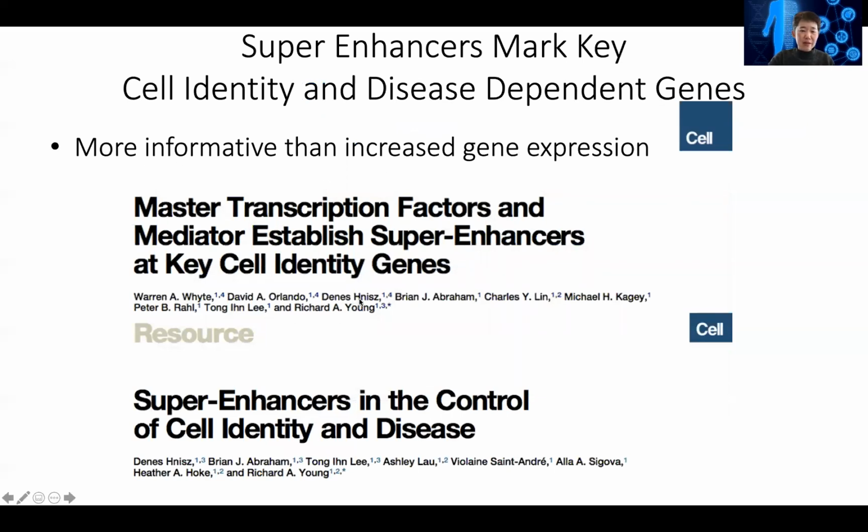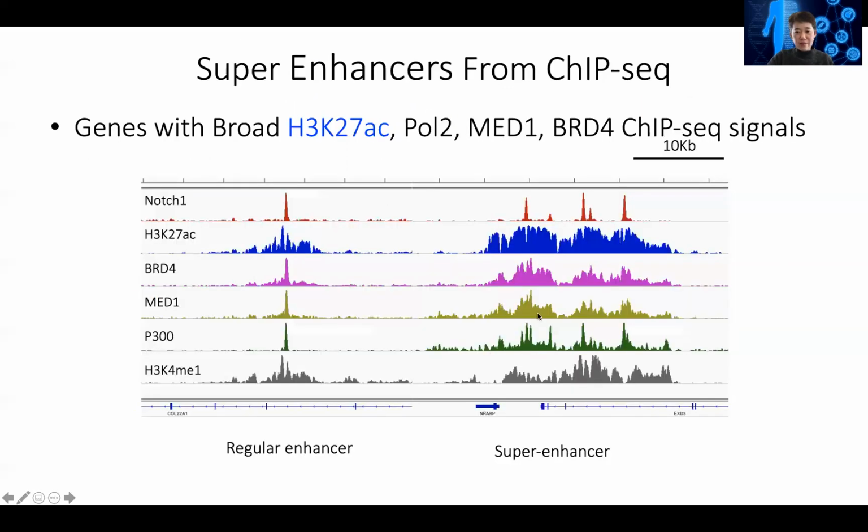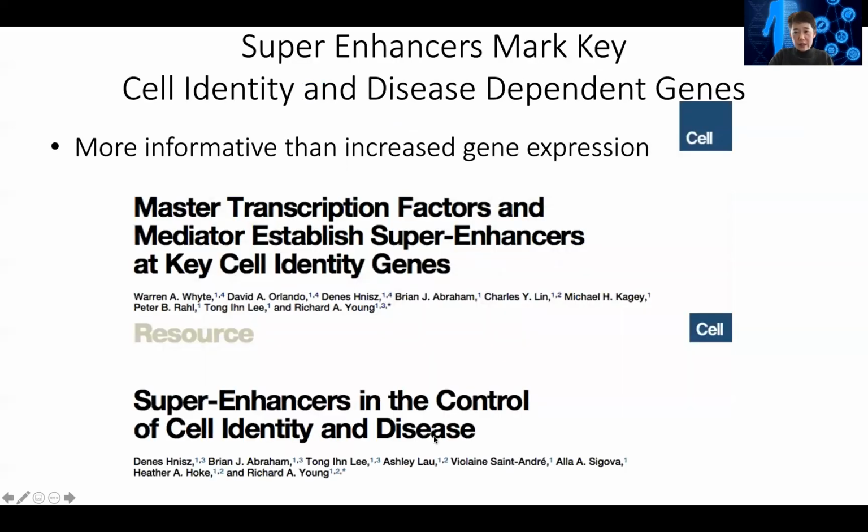What Rick Young discovered through later studies was that in a lot of cells, the key, really important transcription factors are marked by these super enhancers, which means that their nearby regions have transcription factor binding that induces very, very strong K27 acetylation signals. And so these are called super enhancer target genes. And these genes are very important for the cell lineage, also for different diseases, especially in cancer.